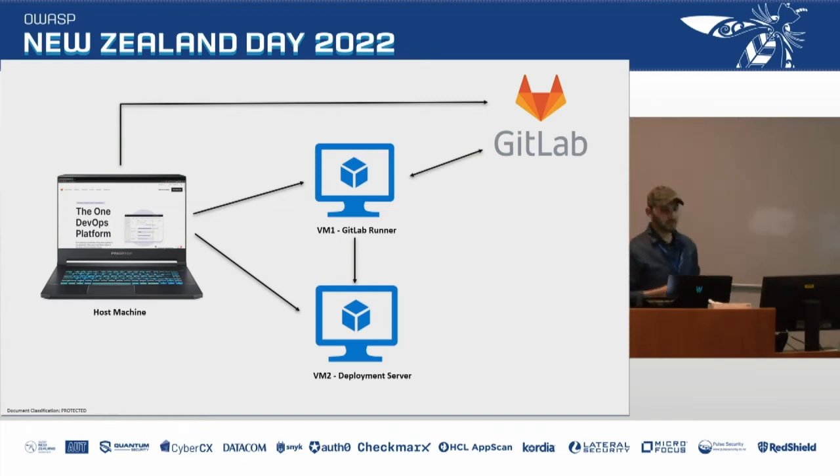2 virtual machines that I've created. The GitLab runner runs the jobs that I create on GitLab. GitLab pushes those jobs to my GitLab runner, which I'm hosting on my virtual machine. GitLab allows you to use the shared runners, but I just didn't want to enter my credit card details, so I thought I'd just host my own. And similarly, the deployment server, which you can see at the bottom, will host the application that we will deploy through our pipeline.